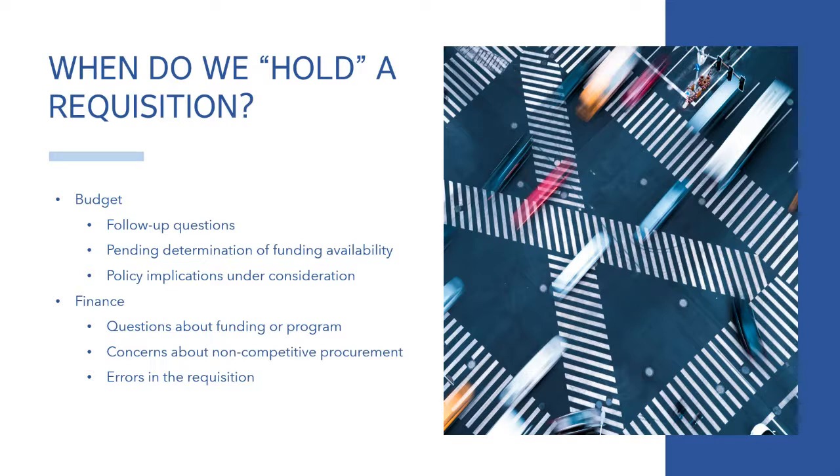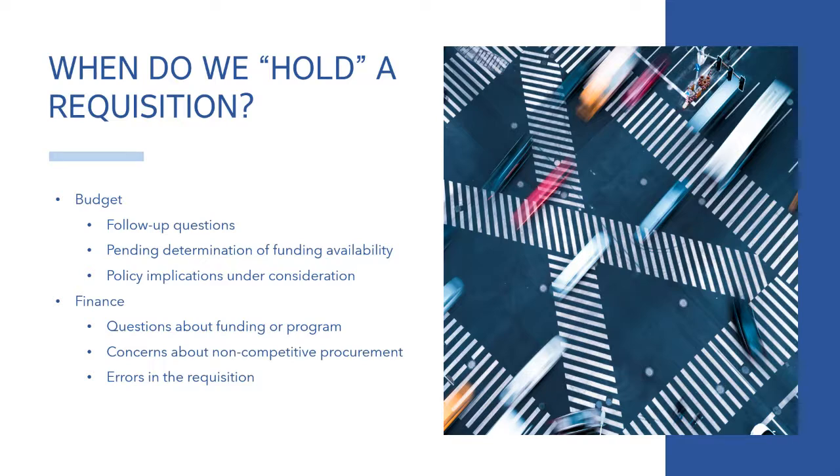Also, if the funding source that's identified for a requisition is not definite, if, for example, it is contingent upon the enactment of the state budget and we are not completely through that process, not finalized, that would clearly be a reason for a hold.